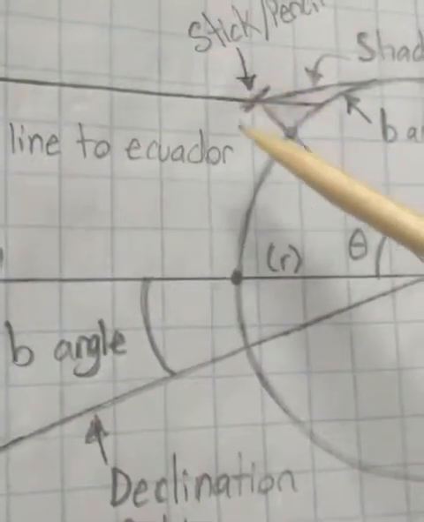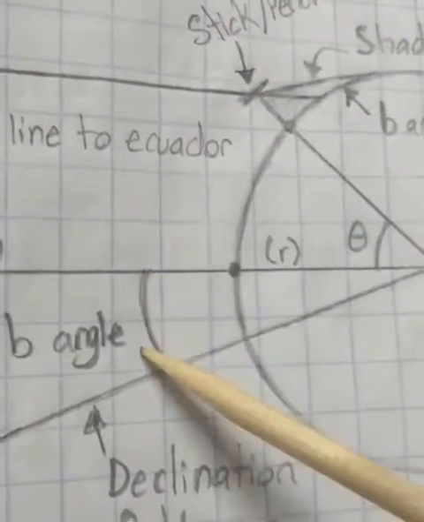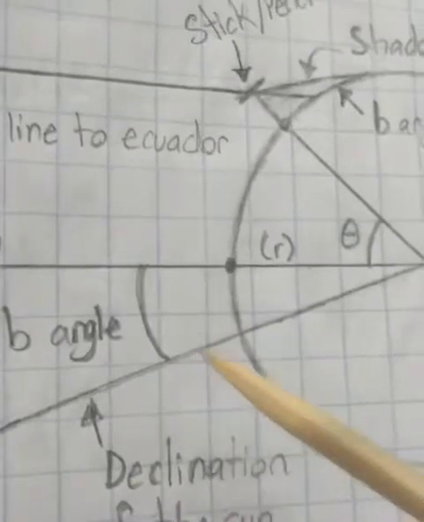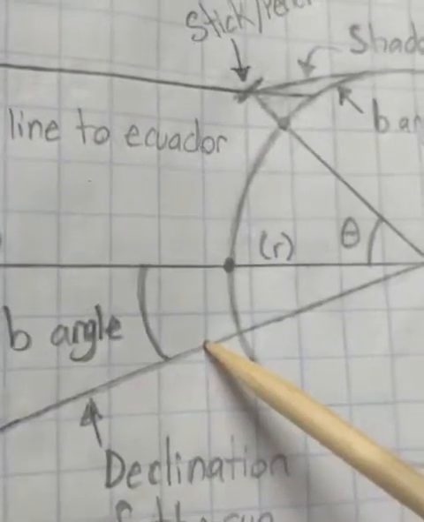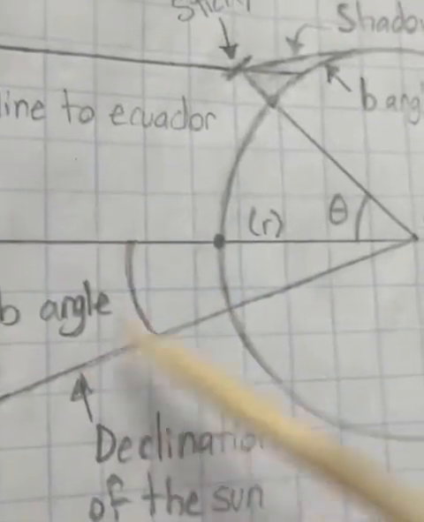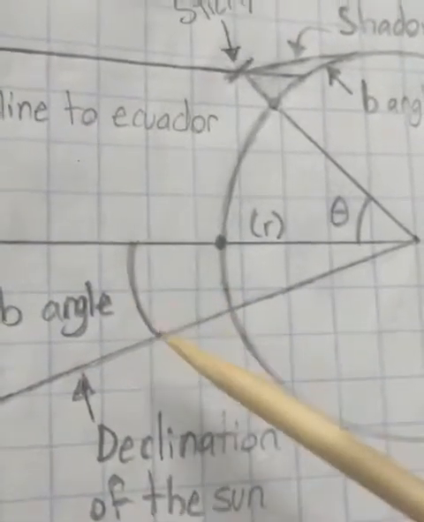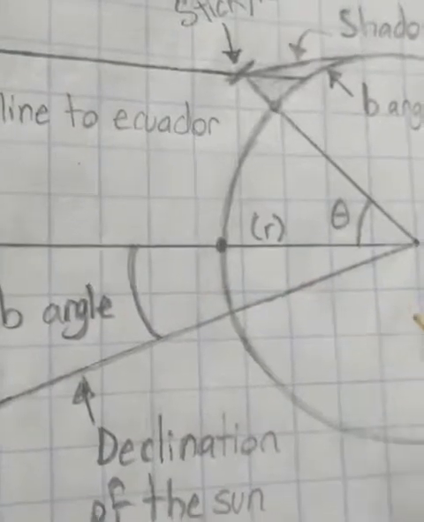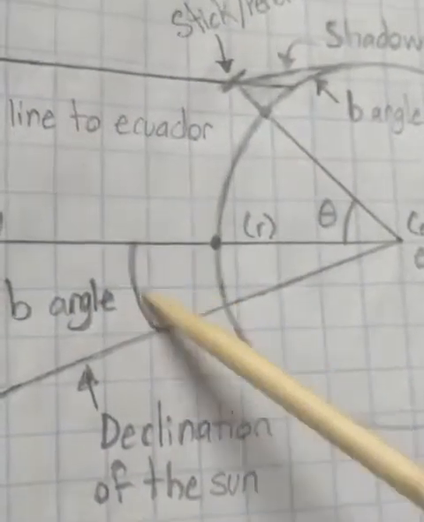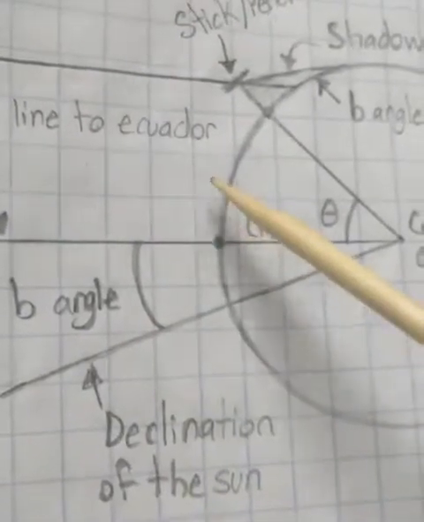So this angle right here is by official data, taking in consideration that this was calculated on November, the declination of the sun is equal to minus 20 degrees. So we need to add this angle to this one.